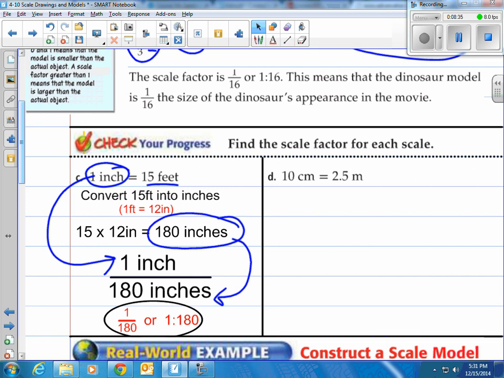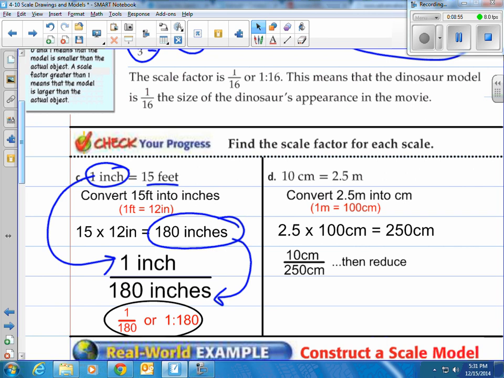Same situation. We have centimeters and meters. We have to convert. So, convert 2.5 meters into centimeters? Simple. Use 1 meter is actually equal to 100 centimeters. Talked about that in class. 2.5 times 100 centimeters, so we have 2.5 of those meters, is 250 centimeters.